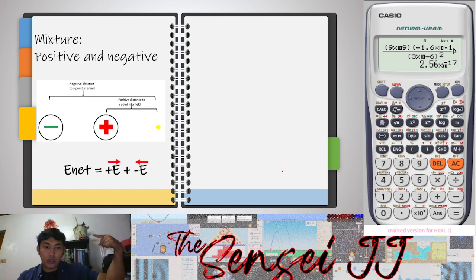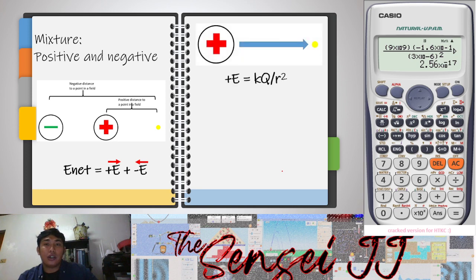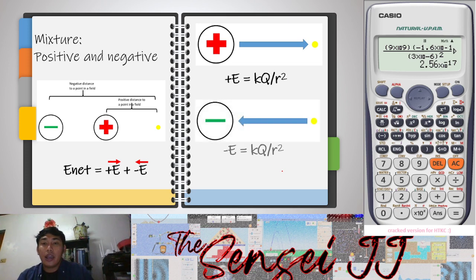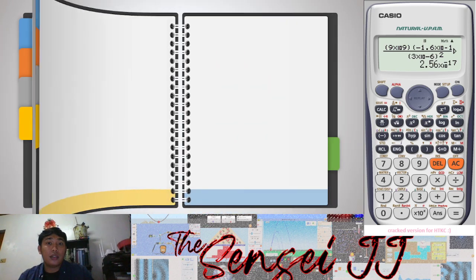We have here the direction of our positive towards the point, and our point is moving to our negative electric charge. So we have positive E equivalent to kQ all over r squared, and negative E equivalent to kQ all over r squared. Okay, so we will be solving for this para mas maintindihan natin.